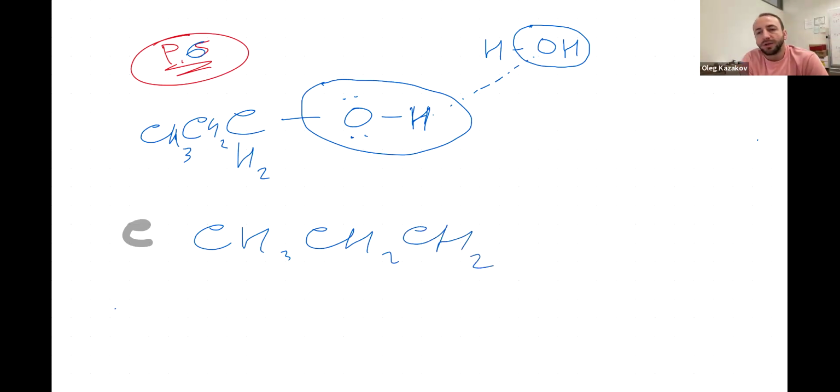Plus, breaking the carbon-oxygen bond will not give you the necessary thing for acidity. For acidity, we must produce the H plus proton. If you try to break the CO bond, you'll produce the propyl part, CH3, CH2, CH2, and OH, neither of which is H plus. So consequently, your only option here is not to break the carbon-oxygen bond, but the OH bond.